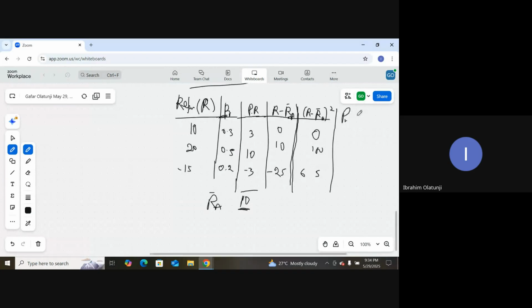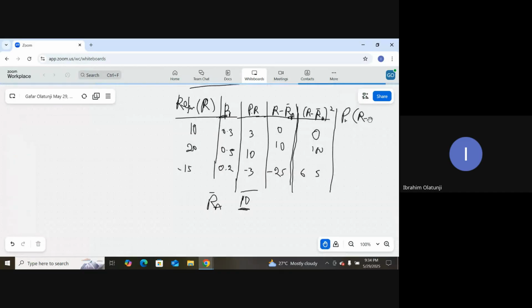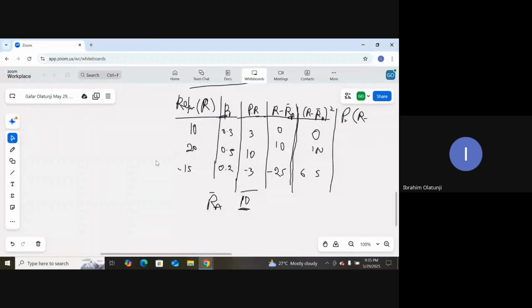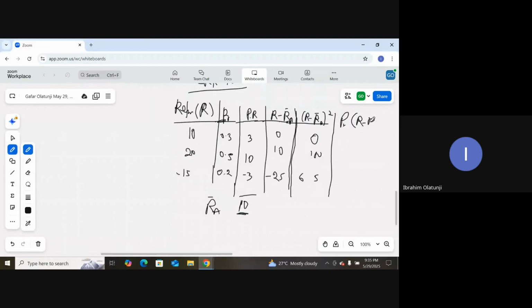Then this one becomes R minus, this marker is now... Hold on, please. The network is loading for the marker.